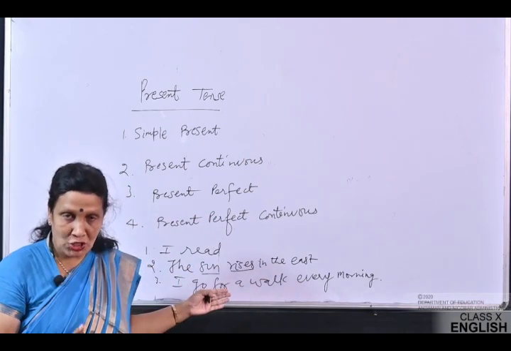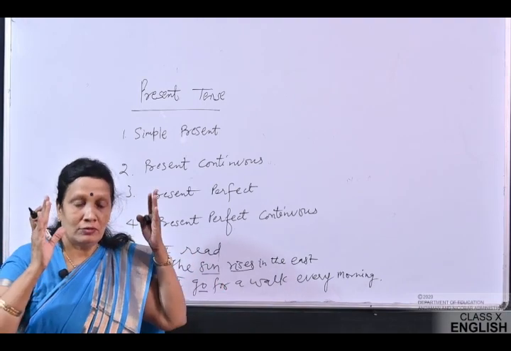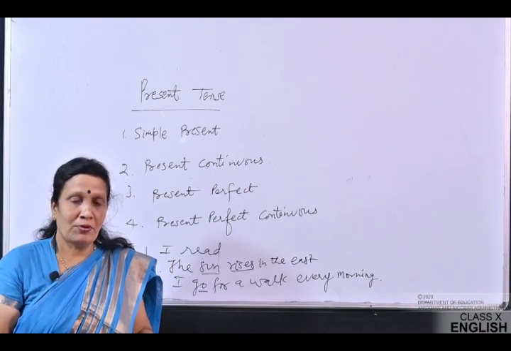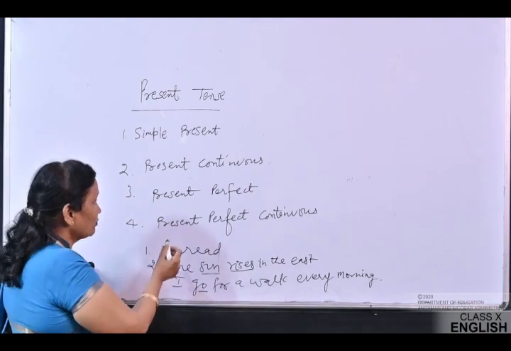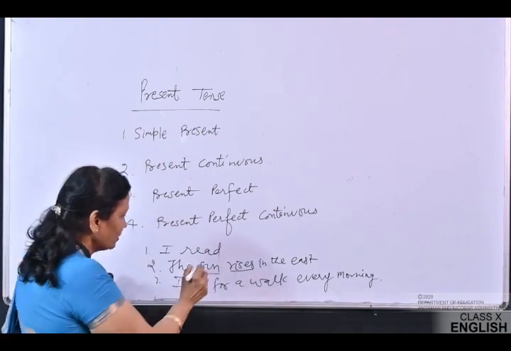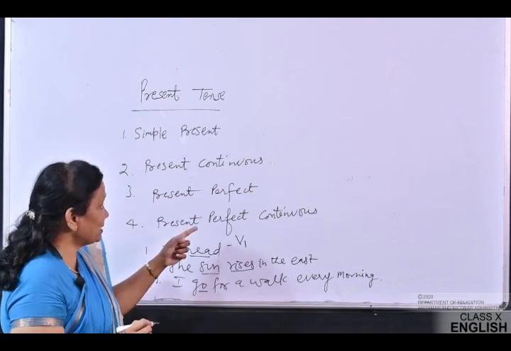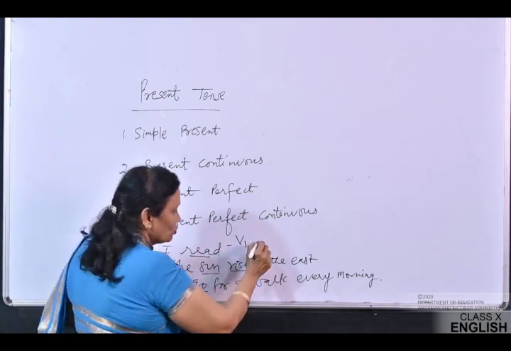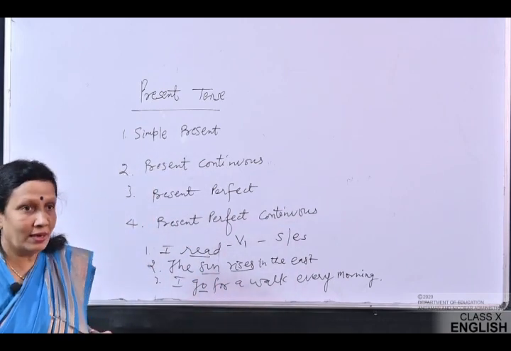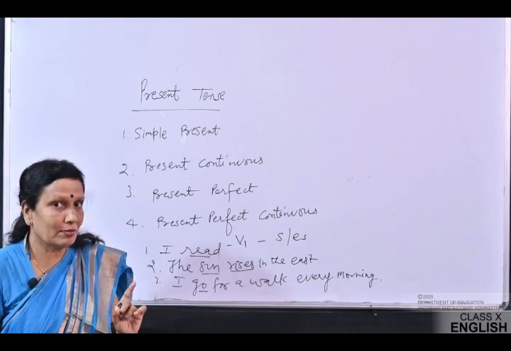So for habitual actions, universal truth, and for the things which you do right now, today, in the present. So these are the different situations where we use the simple present, and I told you we use the first form of the verb. Plus again we had learnt the use of s and es for singular and plural with the simple present tense. I hope you will remember.